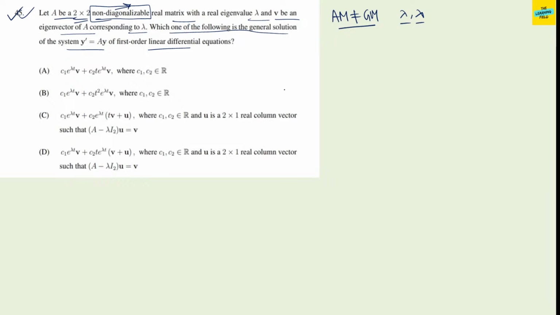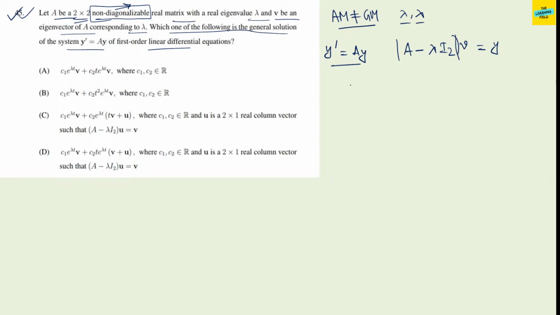First we can calculate the eigenvector, where y dash equal to Ay is the system. So we calculate that (A minus lambda I2) into v, if we choose v as the eigenvector, equals 0.